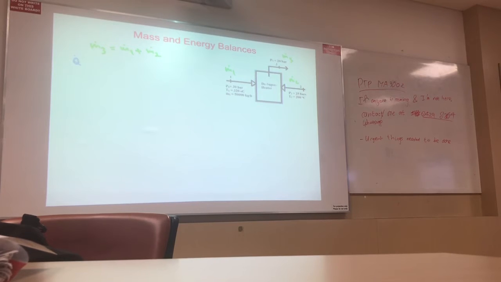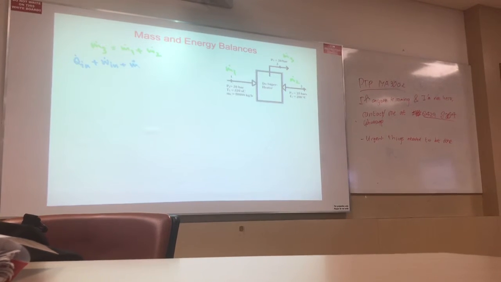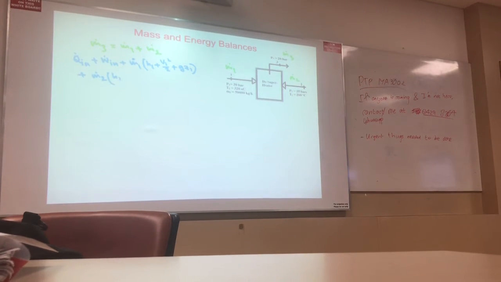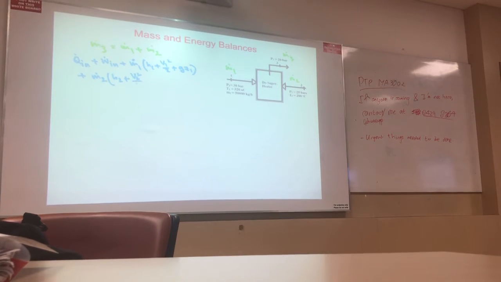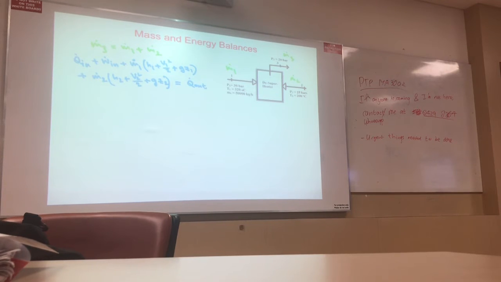Energy balance is Q dot in plus W dot in plus m.1 (h1 plus V1 squared by 2 plus gz1) plus m.2 (h2 plus V2 squared by 2 plus gz2) is equivalent to Q dot out plus W dot out plus m.3 (h3 plus V3 squared by 2 plus gz3).